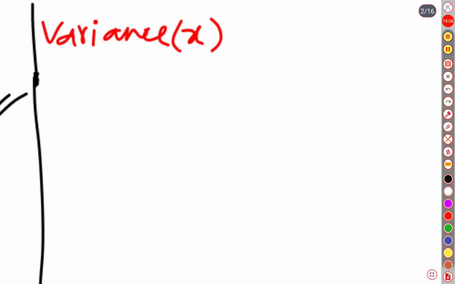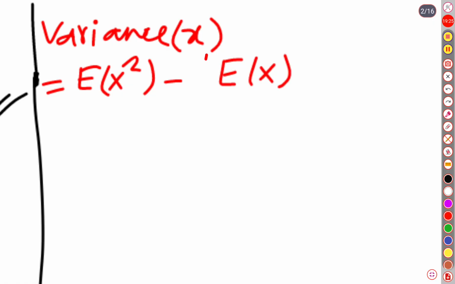Okay, now we are going to write the variance of x. What is the formula for the variance of x? Variance of x is equal to E of x squared, from which we will subtract the mean, the expected value, whole squared.